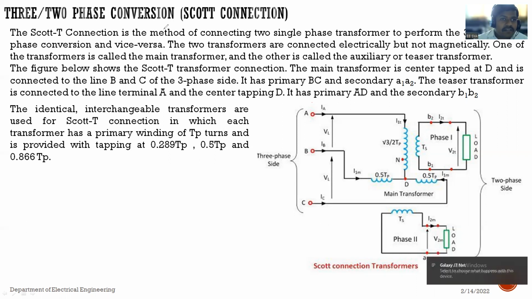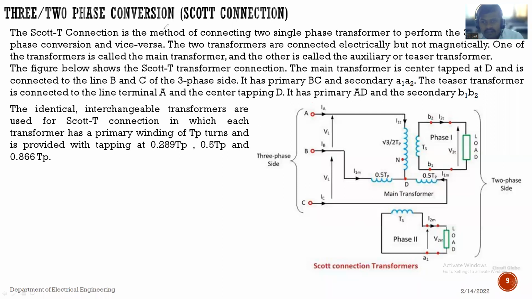This one is which transformer? The 3-phase side is the teaser transformer. Total 3-phase side is the teaser transformer, right?